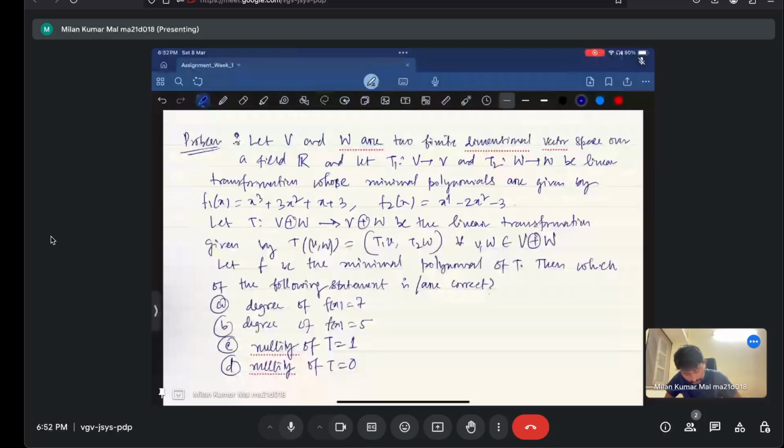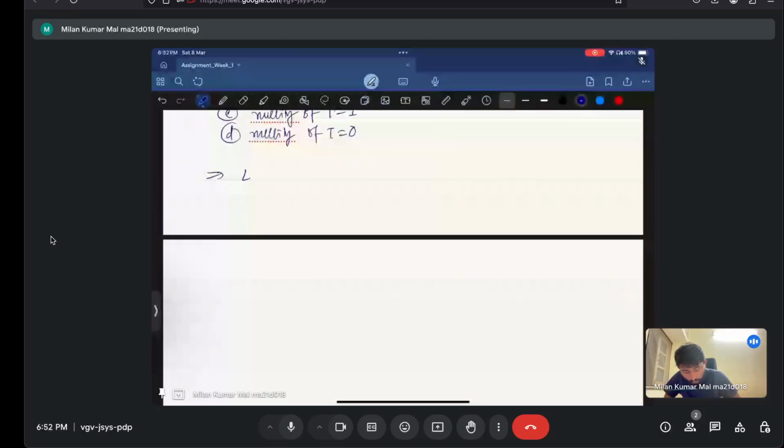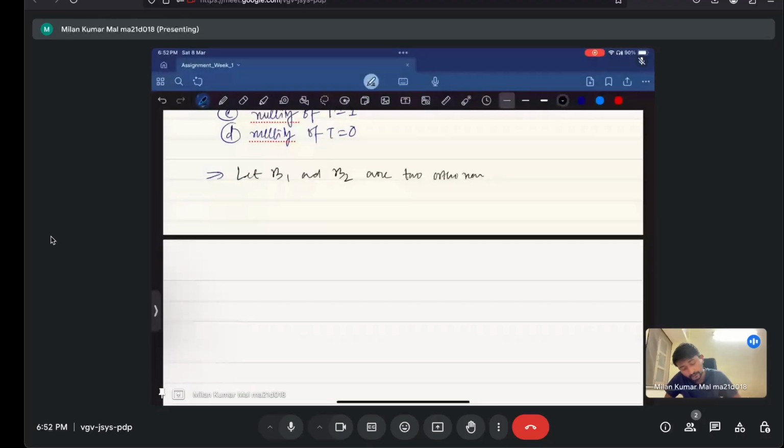Let beta 1 and beta 2 be two orthonormal bases of V and W respectively.